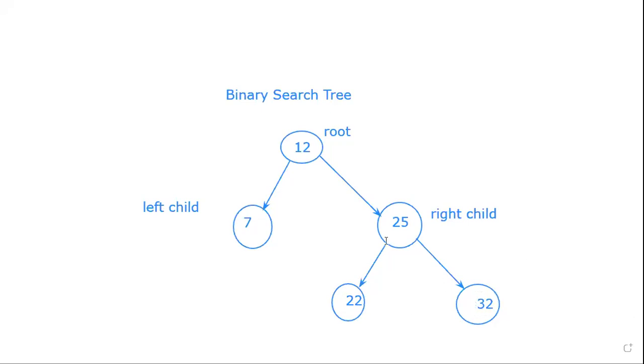Okay. And after all insertions, we have to check whether the property of the binary search tree is violated or not. So when I check here, from the root itself we can check 12, 7 is less than 12, and 25 is greater than 12.